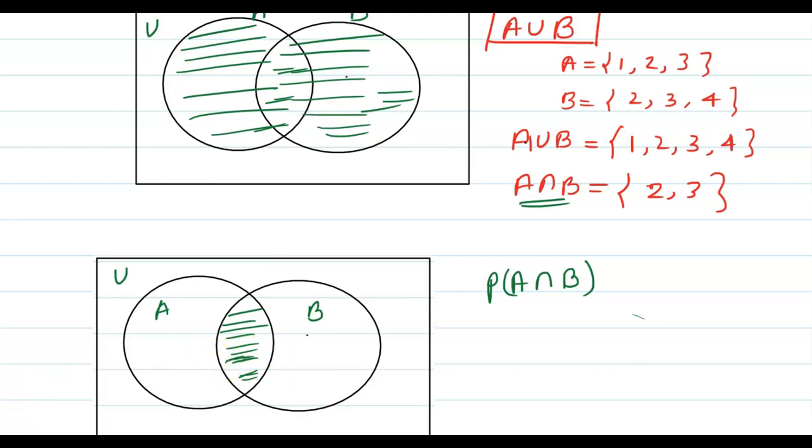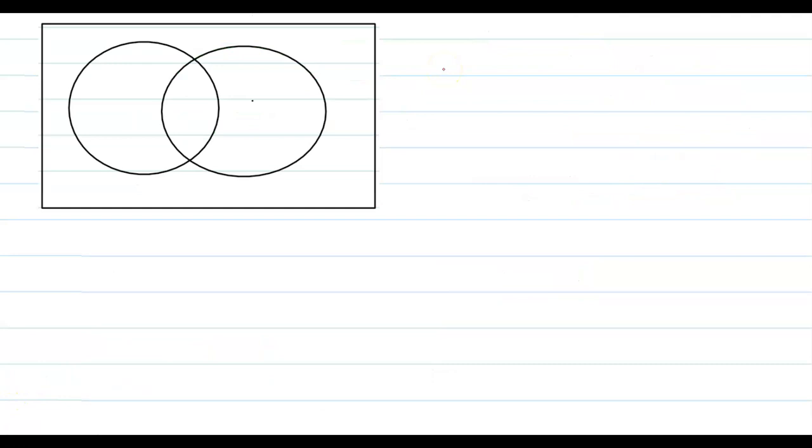Let's go for another one. Next we need to show on the Venn diagram P of A not, or we can say P of A complement. It's up to you, both are the same. Not A means, if this is A and this is B, not A means outside.